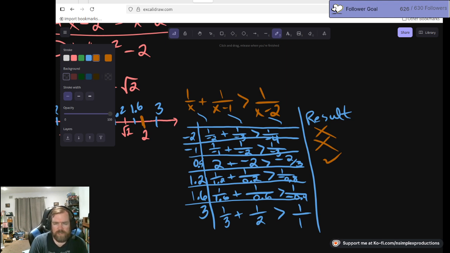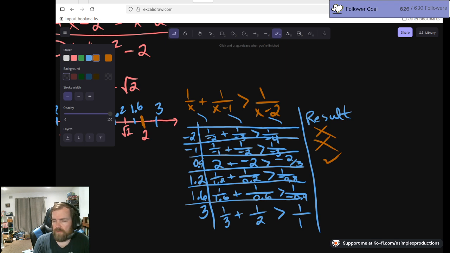1/1.2 plus... Okay, so 0.2 is 1/5. Sorry. Reciprocal is going to be 5. 1/1.2 is going to be, what, 6/5? So 1 over that is 5/6. So 5/6 plus 5 is greater than a negative number.